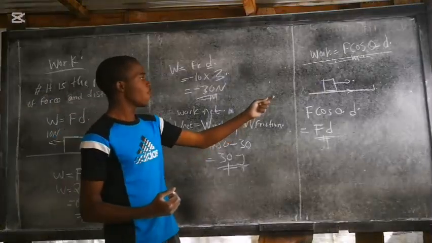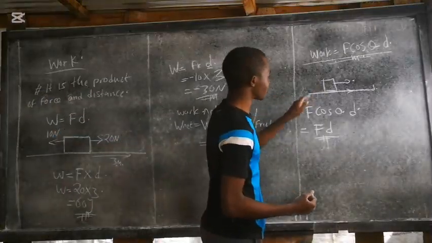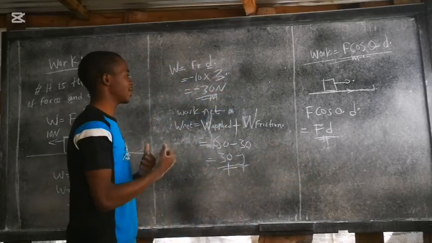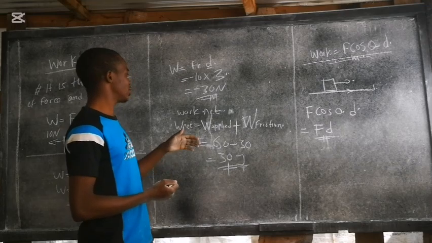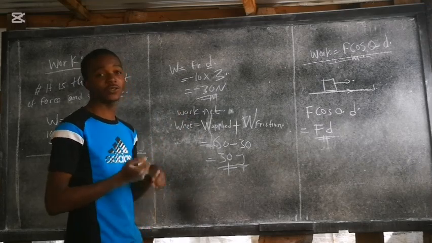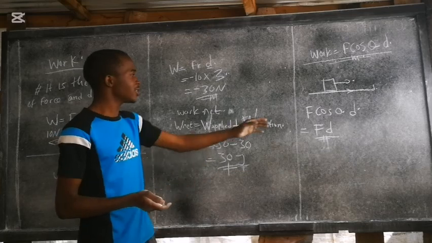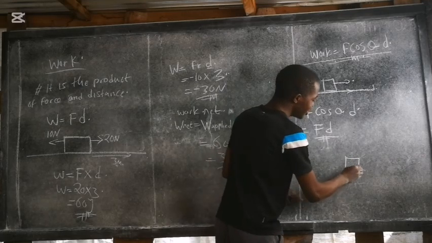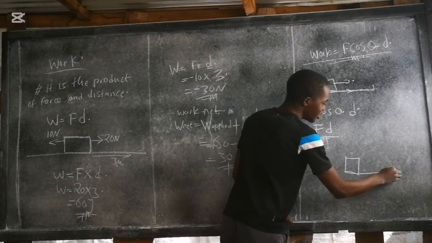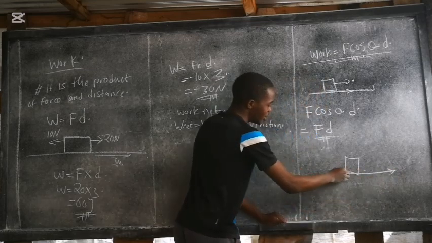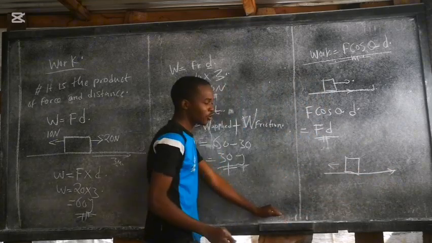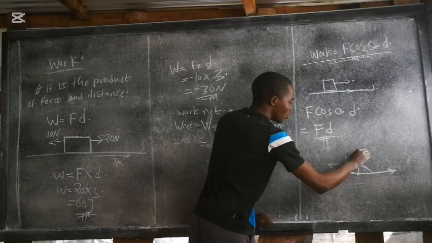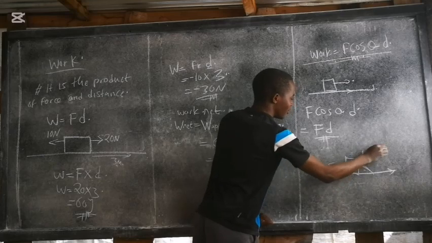And also, when they tell you that the friction force is negative, why does friction force become negative? Sometimes we just put that friction is negative. But why? What is the reason? It is the same formula here. Remember, this is the distance, right? The distance is going this side. Now the friction pulls this side. So the friction makes 180 degrees.